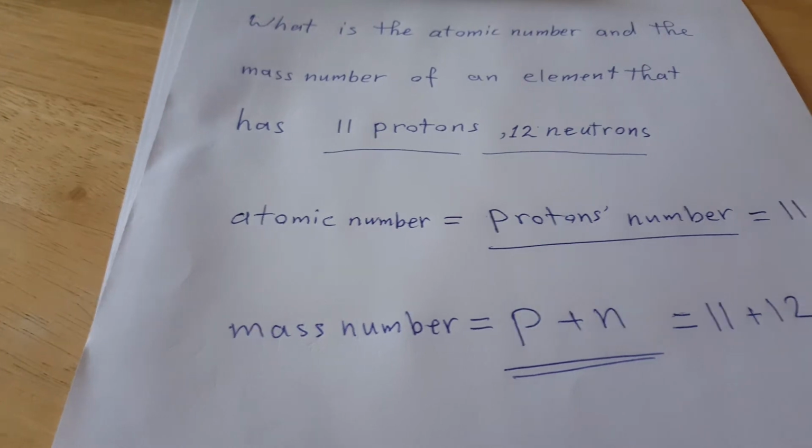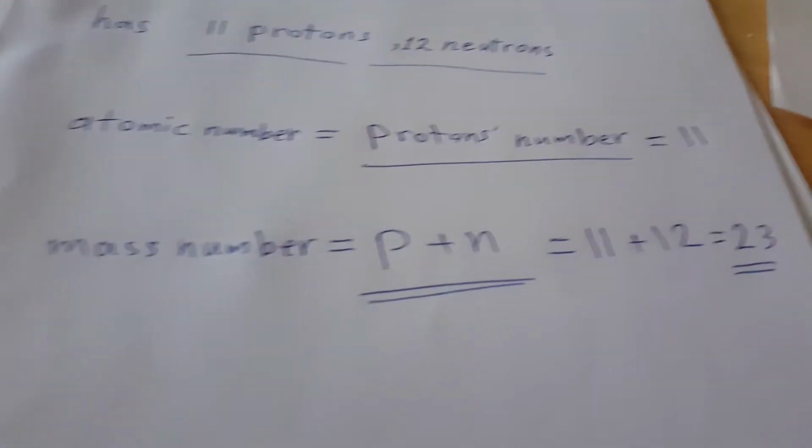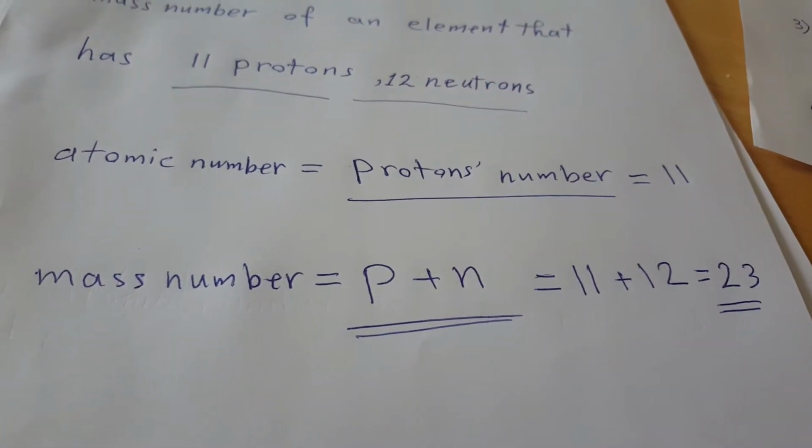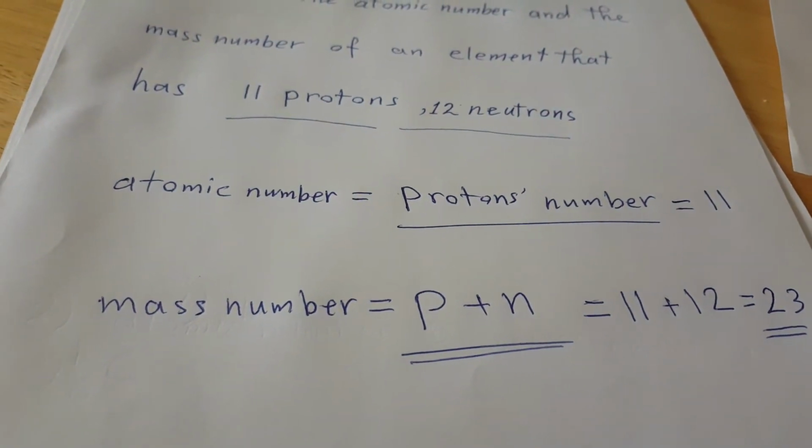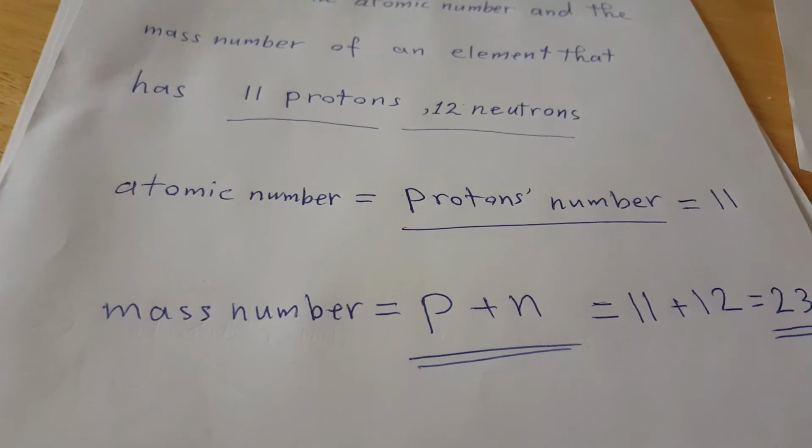Meaning, for example, this sodium here, as you see, it has 12 neutrons. Maybe another isotope of a sodium has 11.